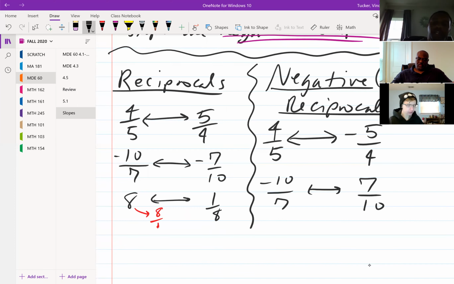So you flip the fraction and use the opposite sign. Then the negative reciprocal of 8 will be negative 1/8. All right, questions on what a negative reciprocal is? You flip the fraction and use the opposite sign.